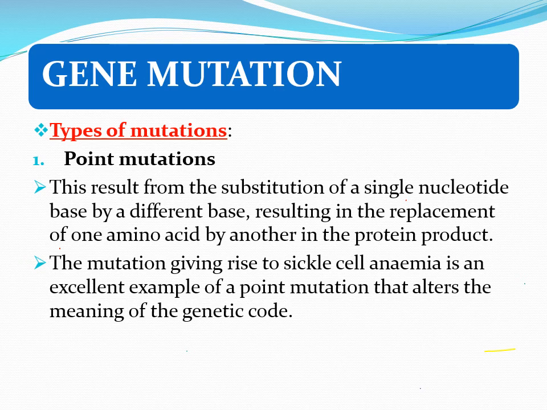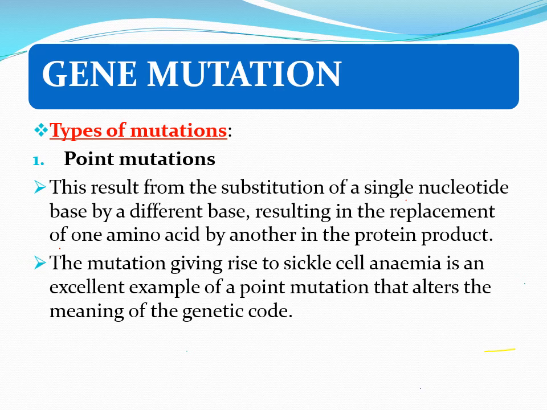Again, if this point mutation occurs in a sex cell, the abnormality will be transmitted from one generation to another. But if the mutation occurs in a somatic cell, it will not be transmitted from one generation to another. It will just lead to congenital abnormalities and put a patient at high risk of cancer.